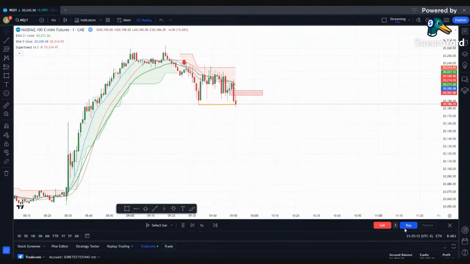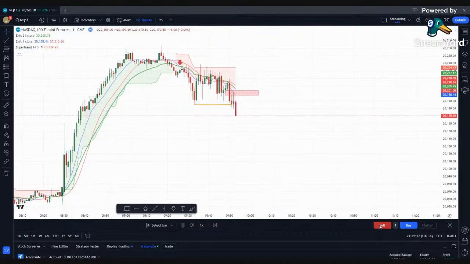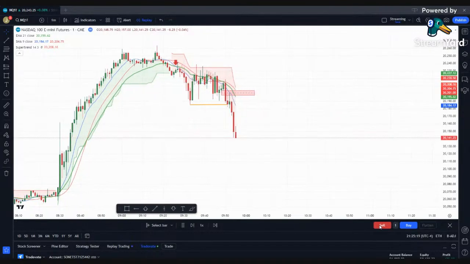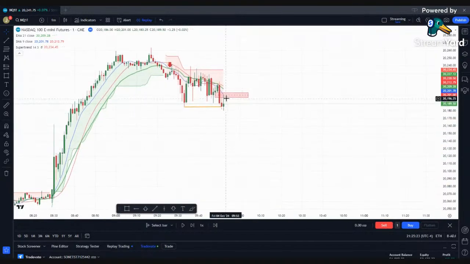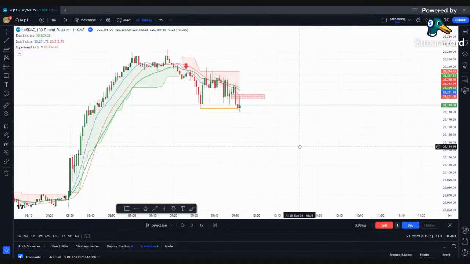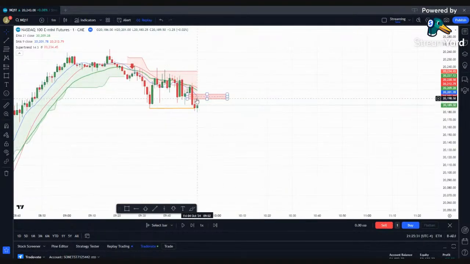You see, I'm late, but I will just put my entry here. You know why I put my entry here? It's because this fair value gap is thin. You don't need to be optimal at 50%. You can have it here.